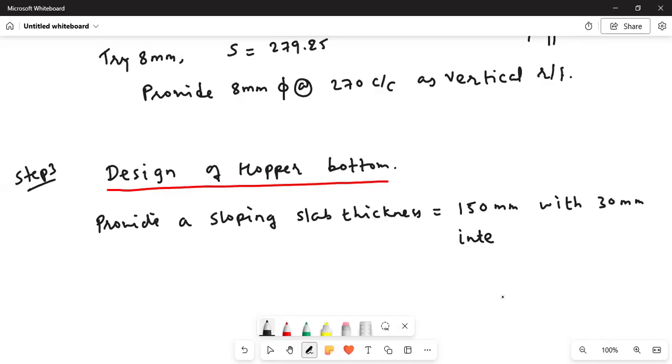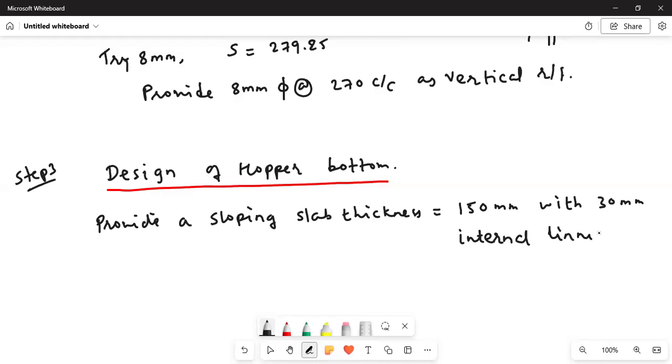So here in the design of copper bottom, we are mentioning the thickness of the internal lining.